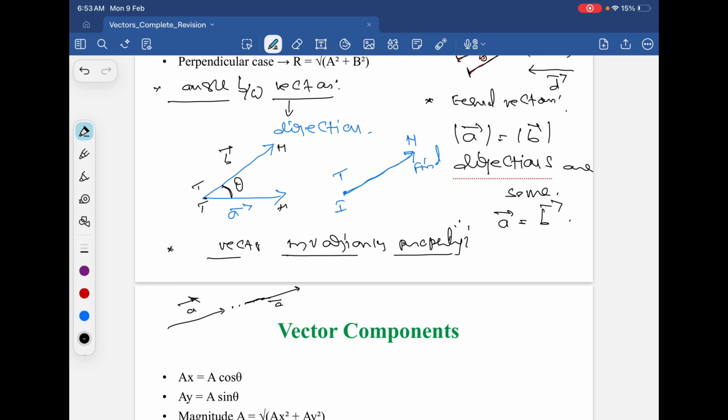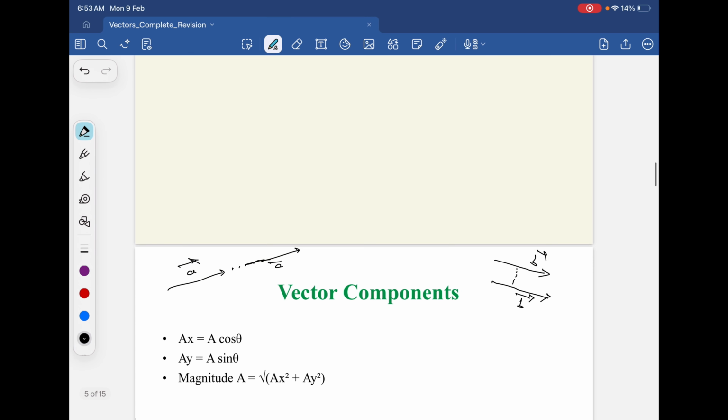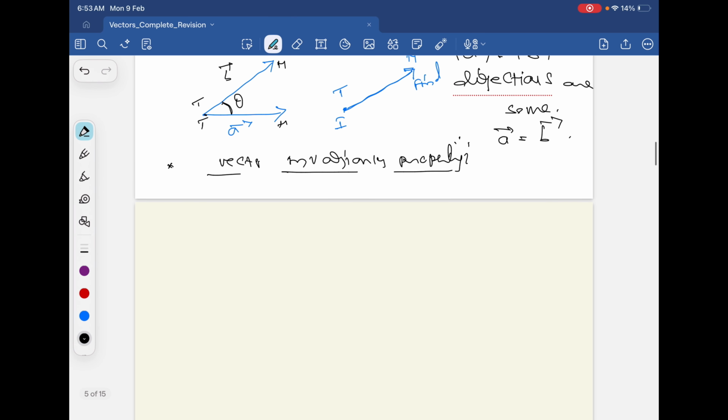Similarly, vector B bar I can shift parallelly here like this. So vectors can be shifted from one point to another point without change in magnitude and direction. This property is called the vector invariancy property, students. So you can shift the vectors from one point to another point.